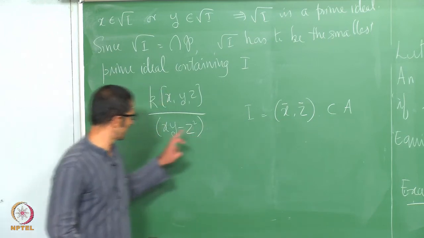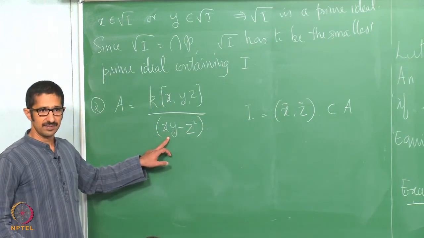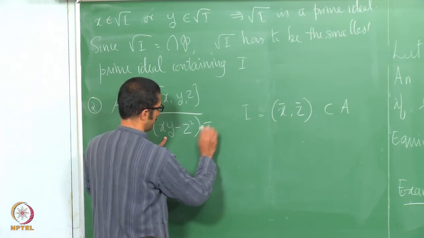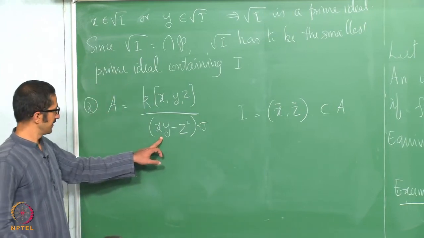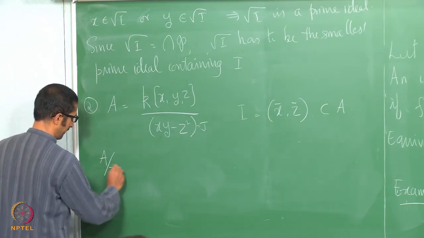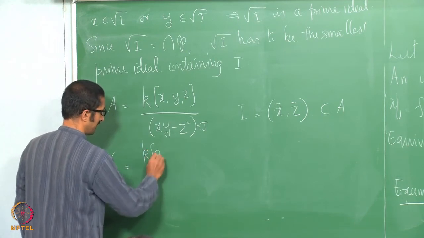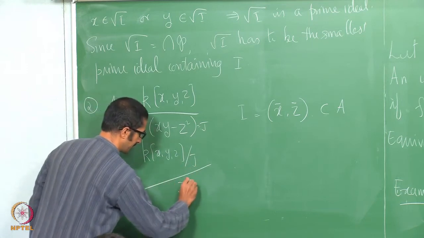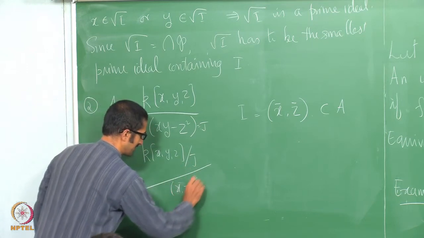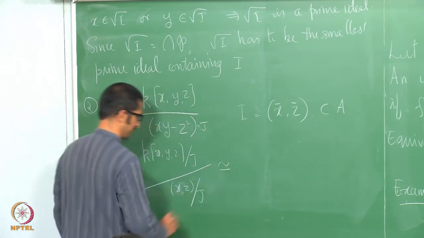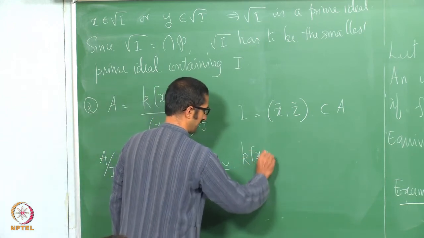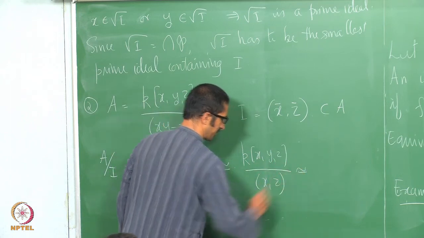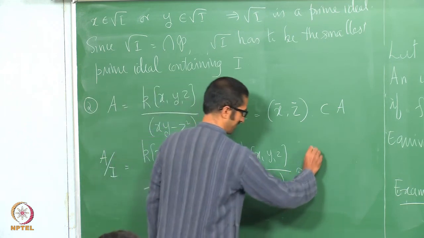See, this is an ideal containing this, call this J. Then A mod I is k[x,y,z] mod J modulo (x, z) mod J, which is isomorphic to k[x,y,z] mod (x, z), and this is isomorphic to k[y].